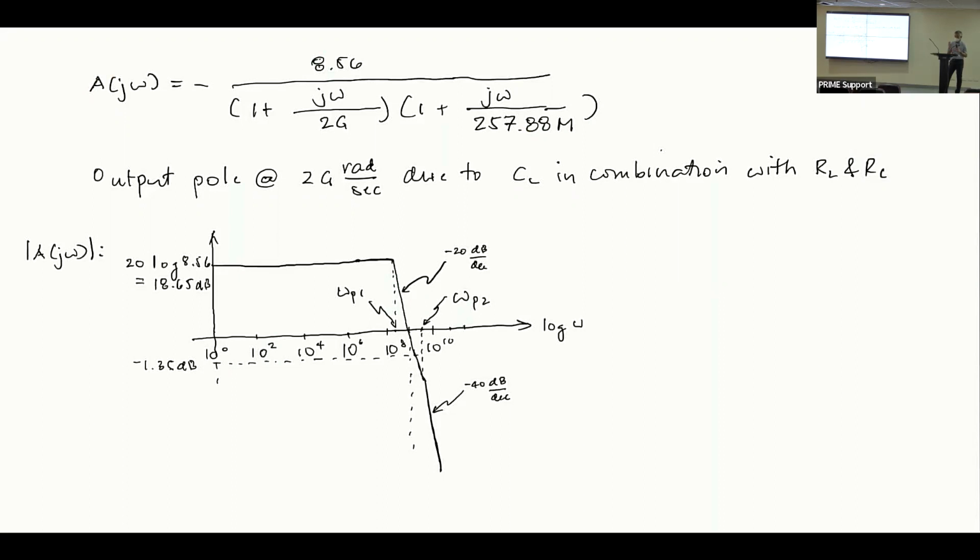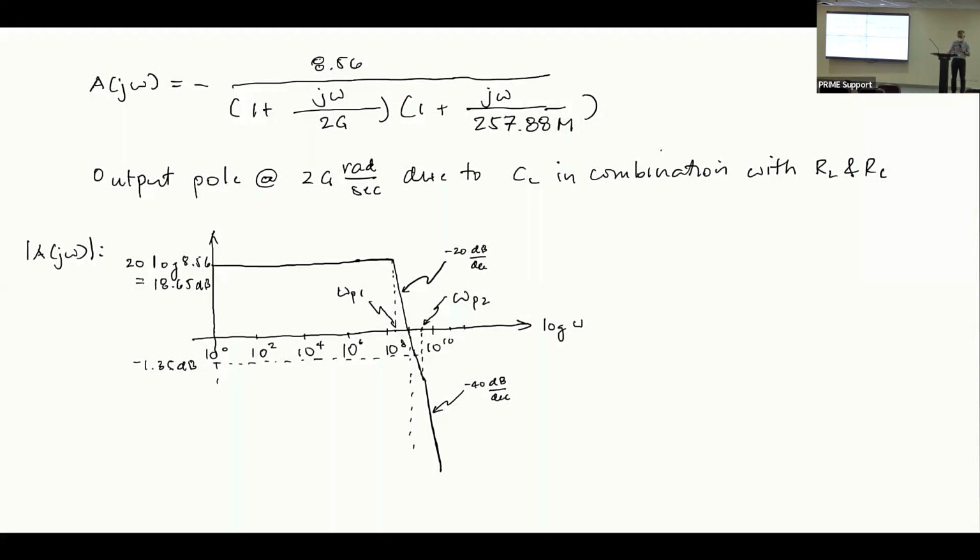Okay. So it's a two-pole system. This was introduced at my input. So I have an input pole at frequency 257.88 megaradians per second.